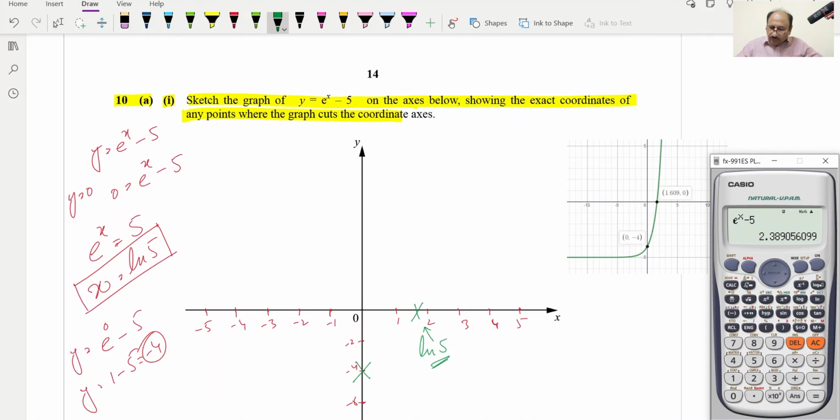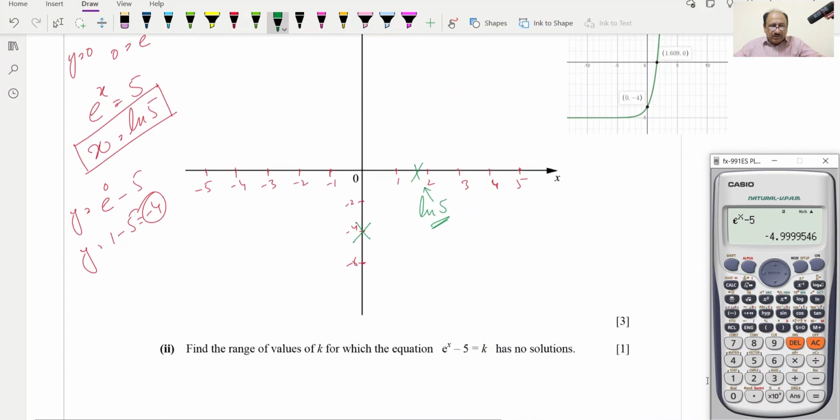And if we check for a lower value, for example minus 5, calculating for minus 5 gives minus 4.99, and calculating for minus 10 again gives minus 4.99, so the asymptote will be at minus 5, as we figured out.